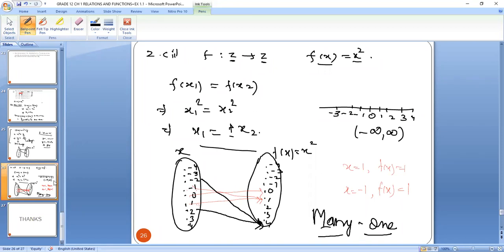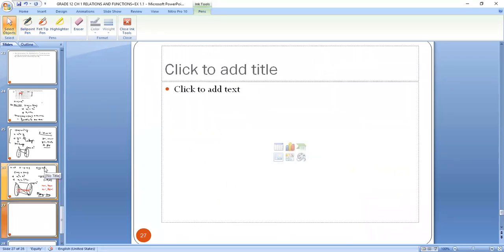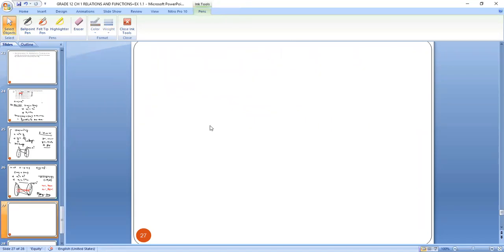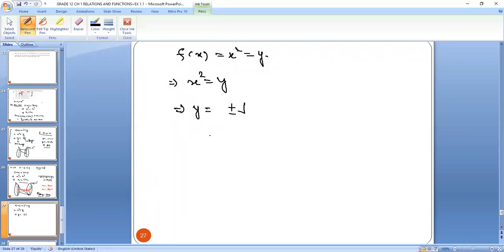Now, for checking whether this function is onto, again we will check the same way. The process is the same. We take f of x equal to x square. Let f of x equal y, which implies x square is equal to y, which implies x is equal to plus minus root y.